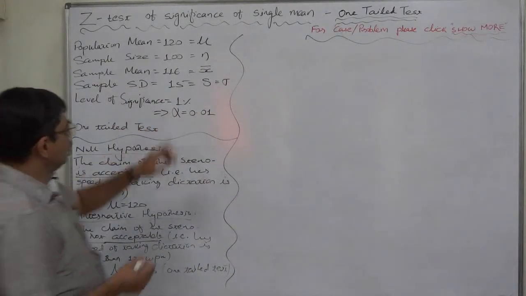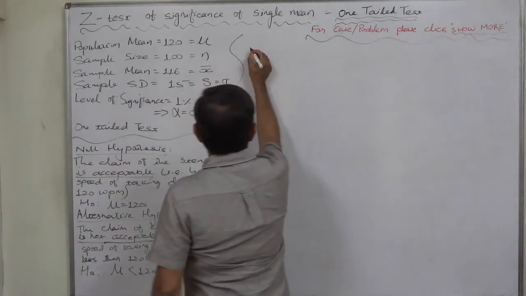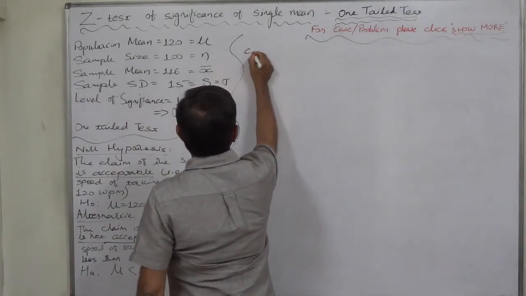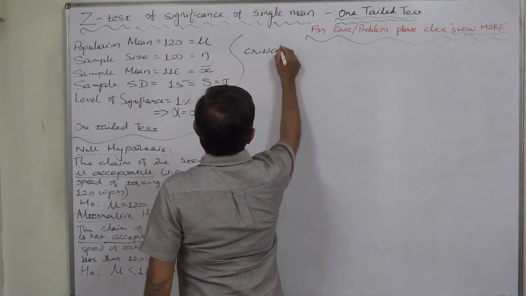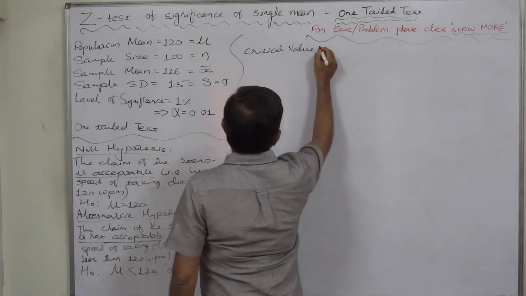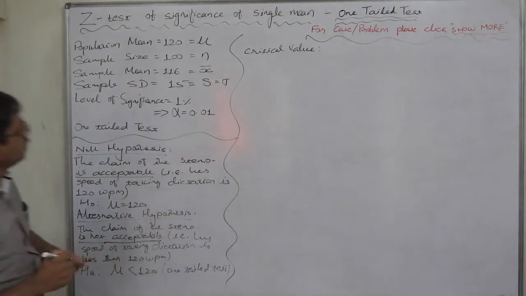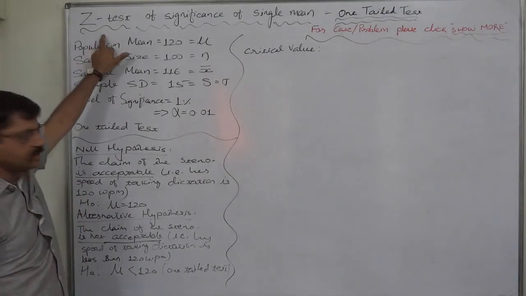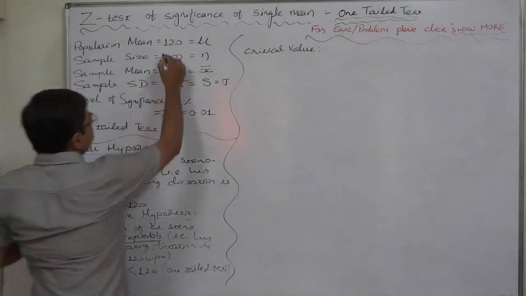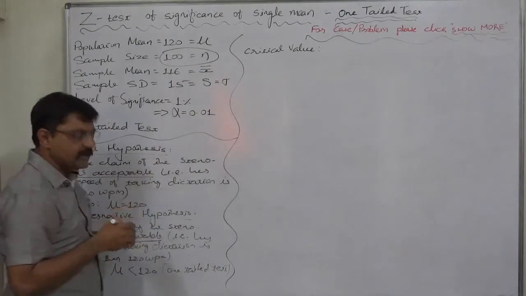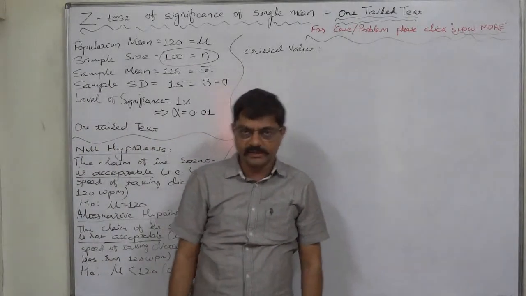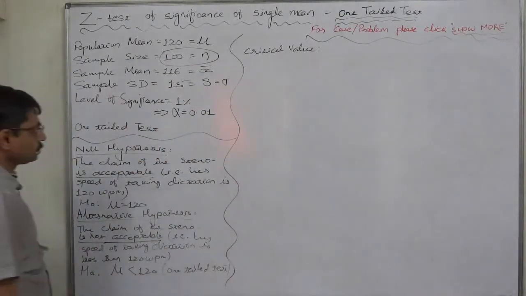Now let's first of all go for the critical value. Again, let's have a look. Why should we treat this as a Z test? Since the sample size is 100, this is a large sample; 30 or more sample size is called a large sample, that we all know.